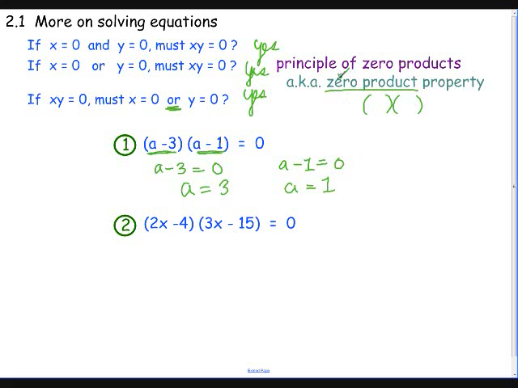We have the 0, we have one side equal to 0, and we have the product. Here's one factor times another factor, definitely a product. We're going to set up our mini equations using the two factors.